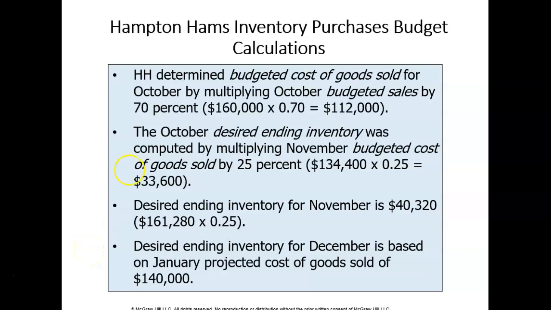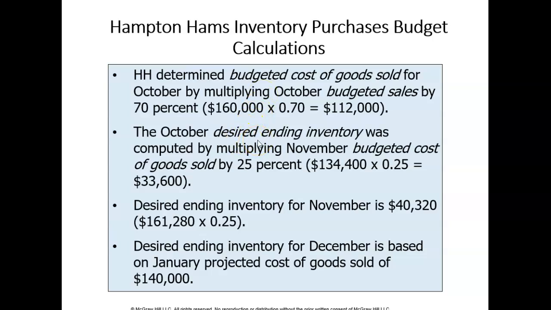Okay. So we left off on our last presentation on how to determine our purchase budget. So remember that for this company, your cost of goods sold each month will be 70% of your budgeted sales.